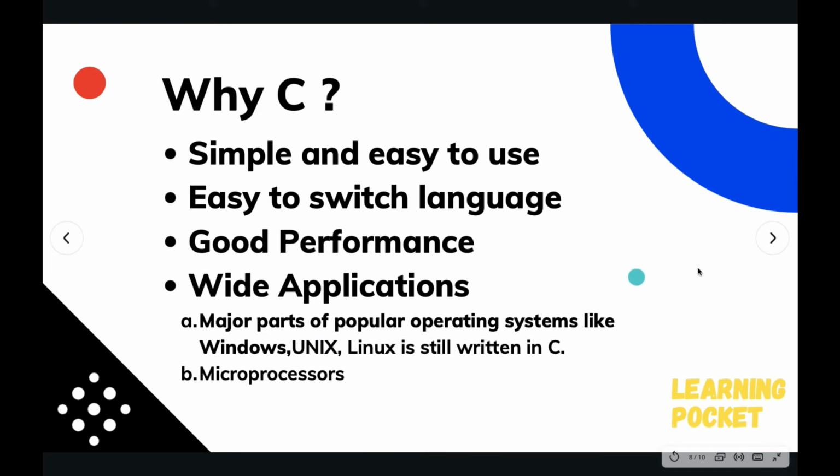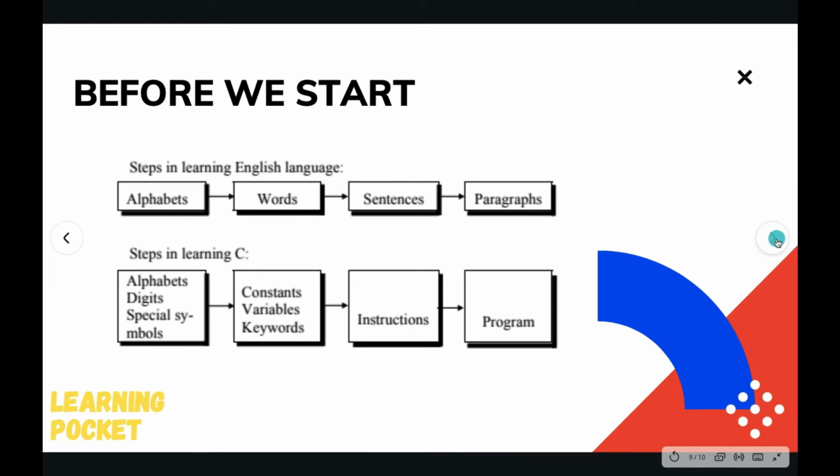Okay, next up, before we start, we should understand the basic structure of any language, not only C but any language. For example, in the English language, we have alphabets, and using those alphabets we make words, and by arranging those words in a meaningful way, we have sentences, and a group of sentences makes a paragraph.